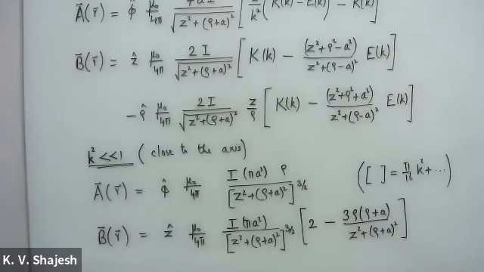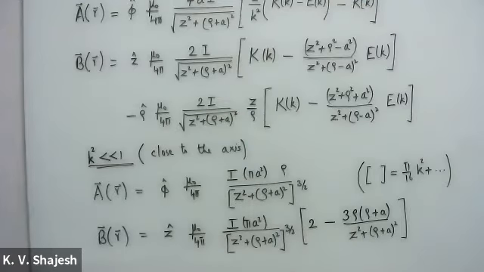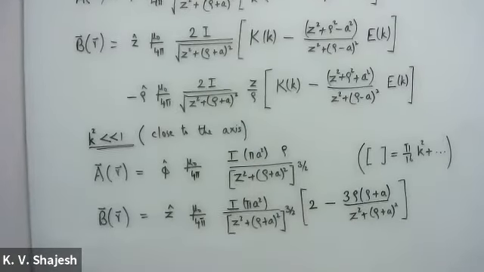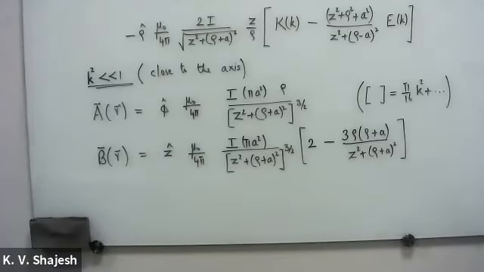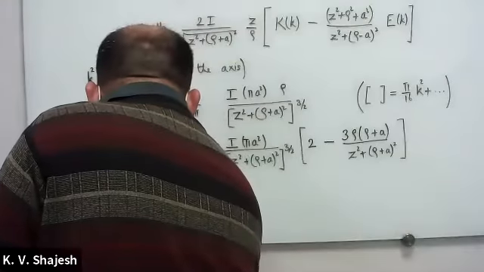That's a correction in the z component, and similarly there is a small correction in the rho hat component also, right? In the radial direction. This is sort of the result, if you want.